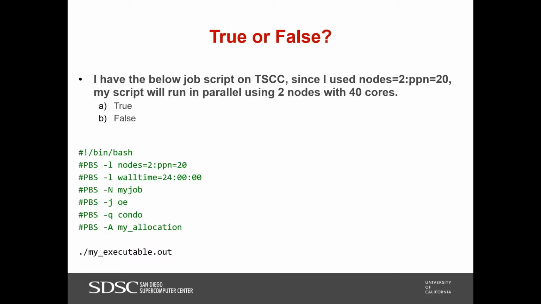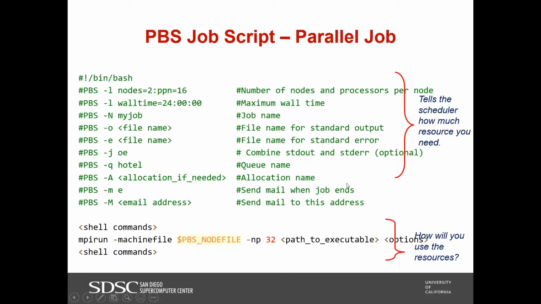Yeah, guys, I understand that this sounds very confusing if you are new to job scheduling or job submissions and how jobs work. But just remember that there are two parts of your job script.